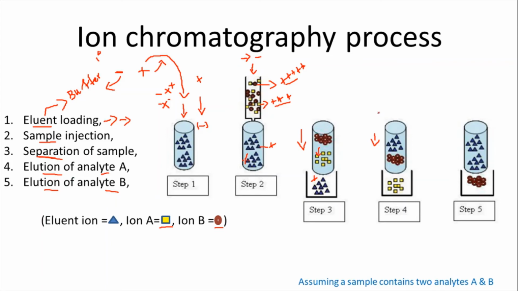Then we continuously add the eluent with a pH gradient nature. First, we use the buffer called the primary buffer, which may have low pH or high pH regarding the stationary phase.